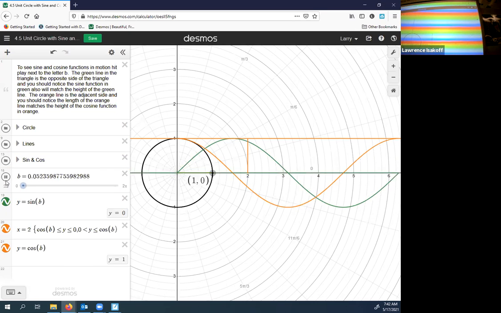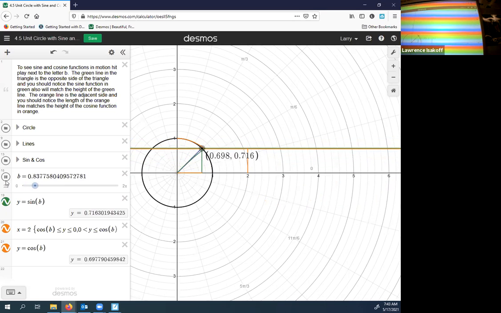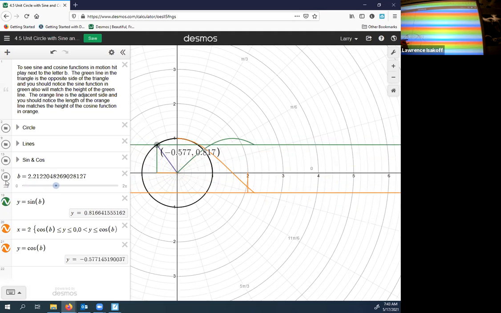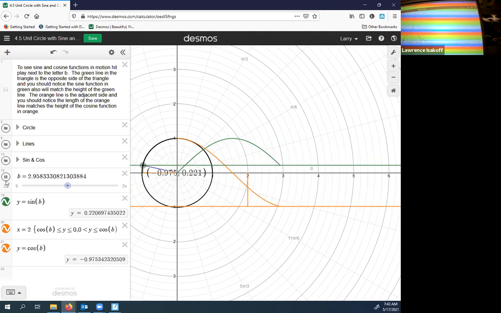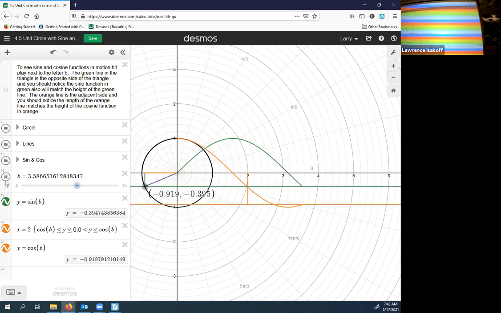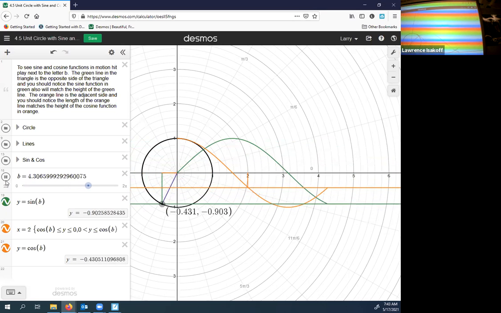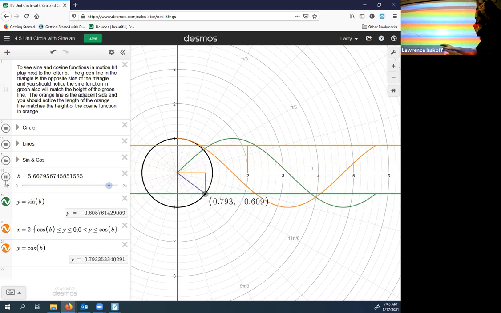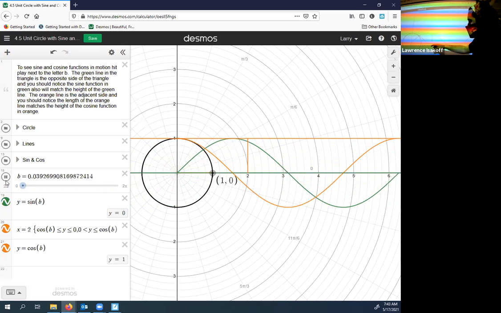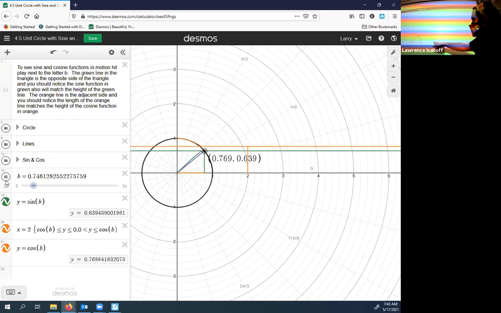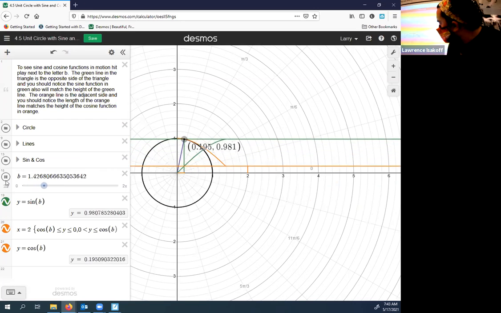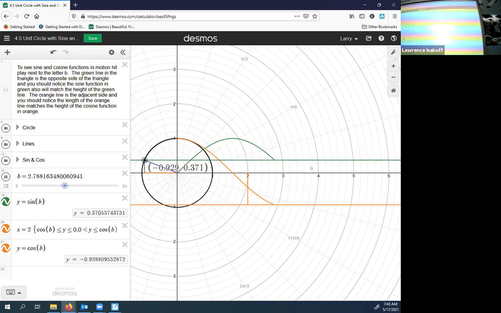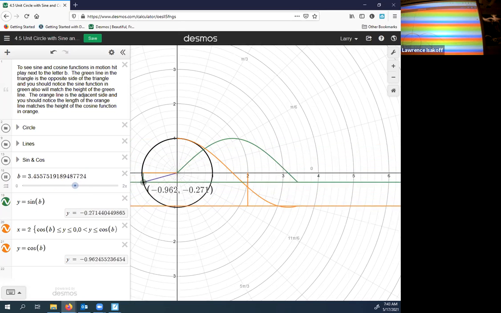Let's look at this again. Notice these horizontal lines I just recently added are basically showing us where our curve is. Again, we see the green all match up and the orange, even though, let me pause it midway through where I can see the orange line pretty good.